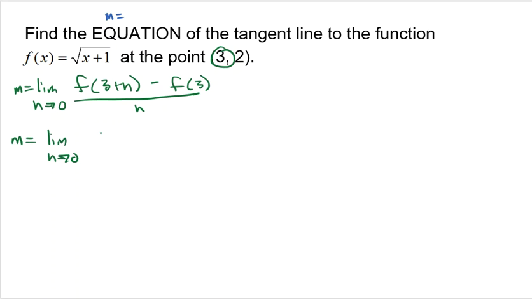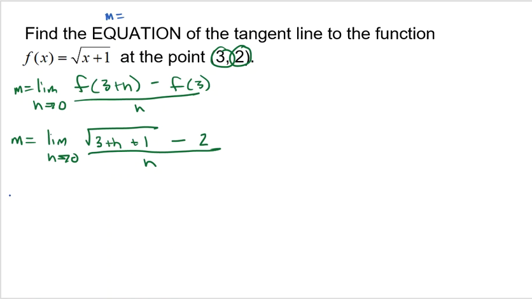It's going to be the square root of, and I'm plugging 3 plus h into the function, so that's the square root of 3 plus h plus 1, minus plugging 3 into the function. 3 plus 1 is 4. Square root of 4 is 2. But again, I already knew the y-coordinate for 3 was 2. All divided by h. Now, once again, if I plug 0 in right now, I'm going to get 0 over 0. That's why I have to keep going and use my algebra skills.